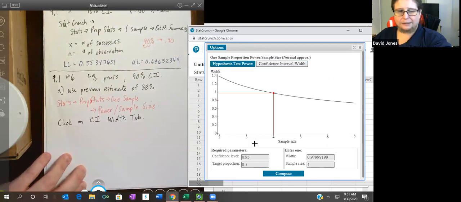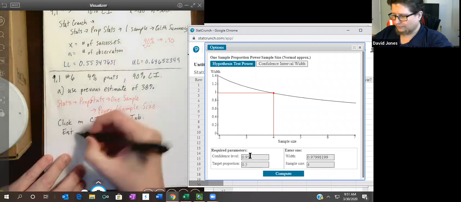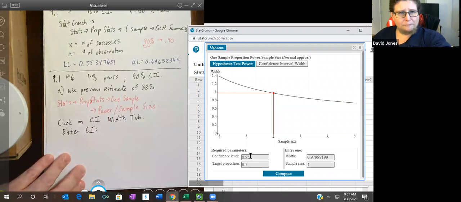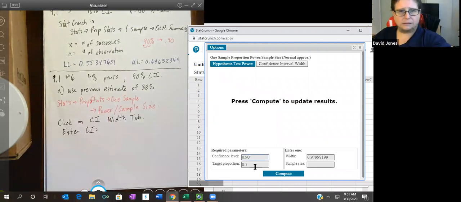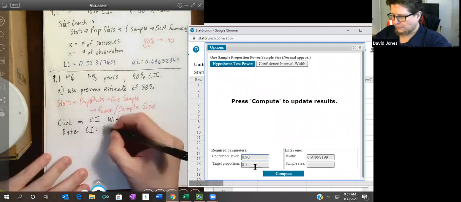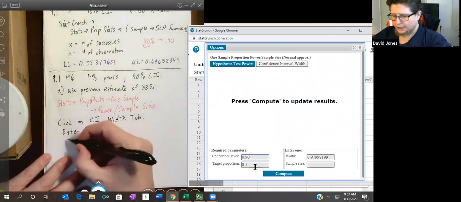So here I am here. We need to enter our confidence level. For me, that's 90%. Our target proportion is p hat.